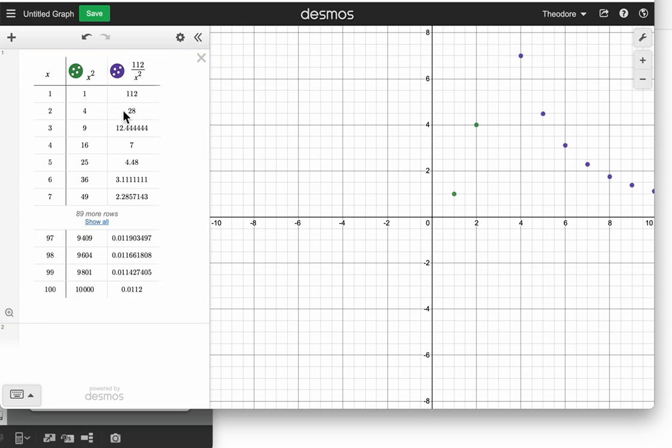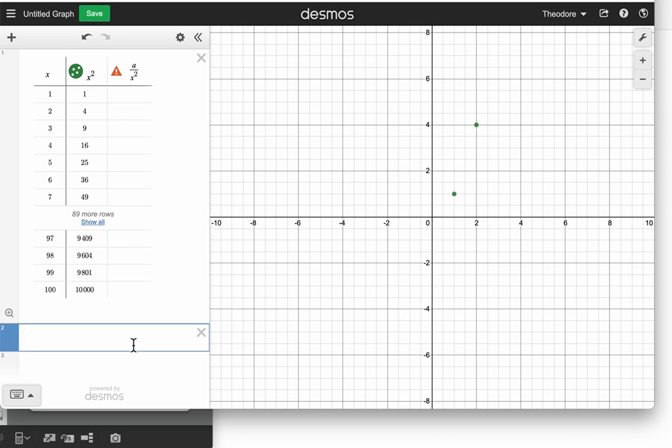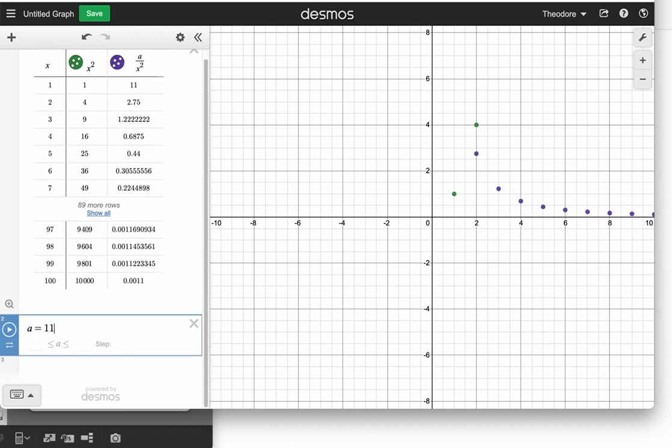By hitting second graph, we get this, same deal. The benefit of Desmos is that instead of using 112, I could just come up with a placeholder value like A, for example. It'll tell me I did something wrong, but I didn't, because I have to define what A is. So I'll say let A equal some constant value, 112.